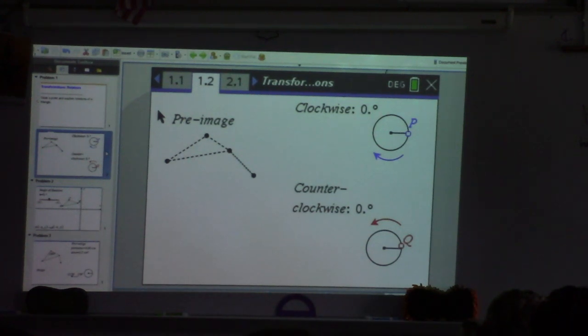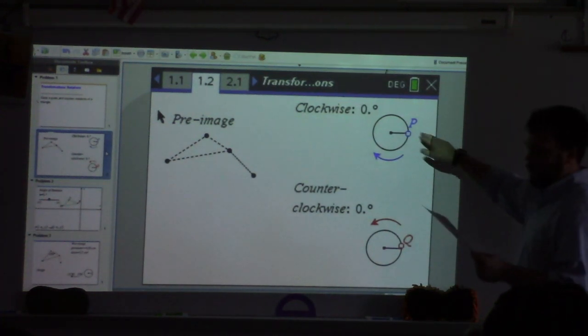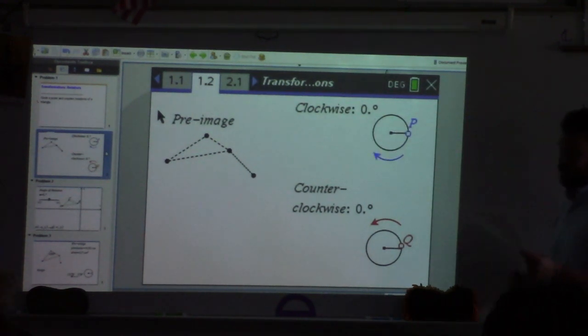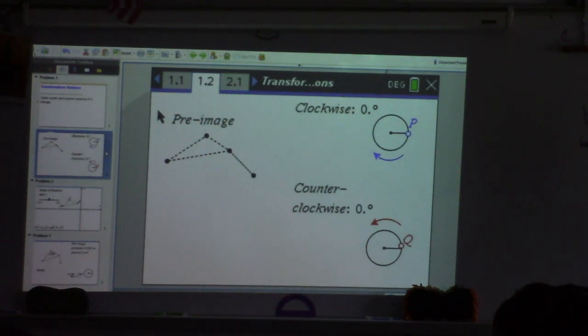It gives you the directions. Determine if a rotation of a figure changes the size or the shape of the figure. Two figures are said to be congruent if they have the same size and the same shape. Move point P on the clockwise circle and observe the rotated image. Does the rotated image appear to be congruent to the pre-image? Why or why not?